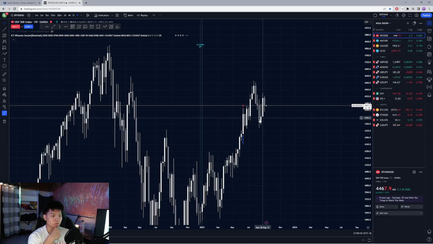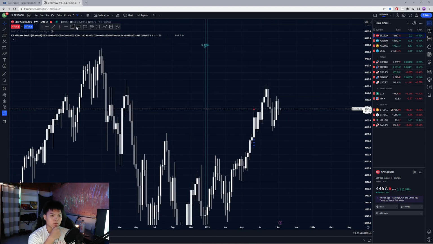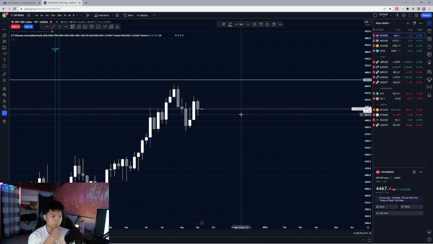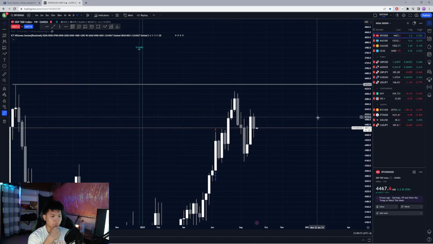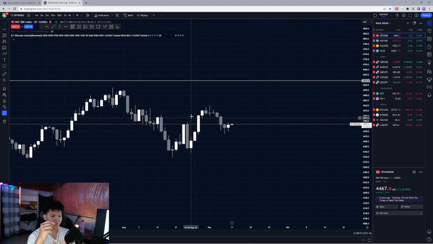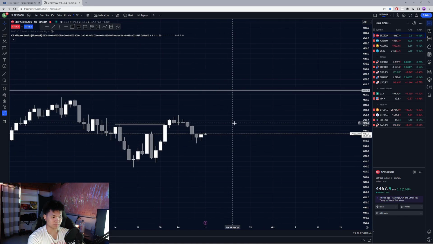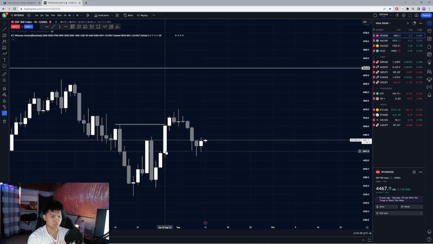What we're looking at in the weekly, we're probably aiming for this liquidity zone right here, and that's for the weekly. We just recently broke structure right over here, breaking structure, becoming bullish.